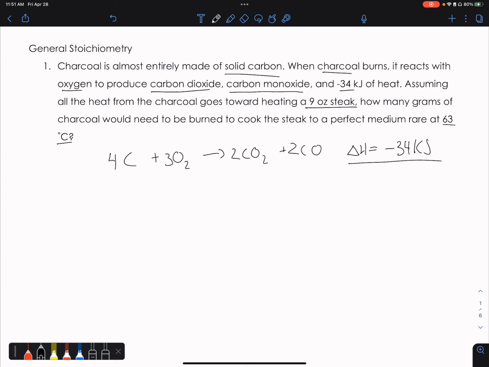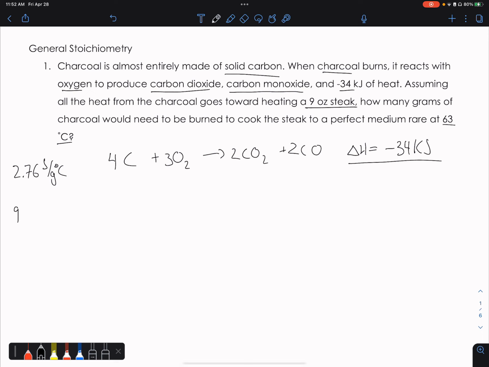I wrote this down somewhere very recently. It's 2.76 joules per gram degree C. That's unfortunate, so you might have looked up a different value for that somewhere else.